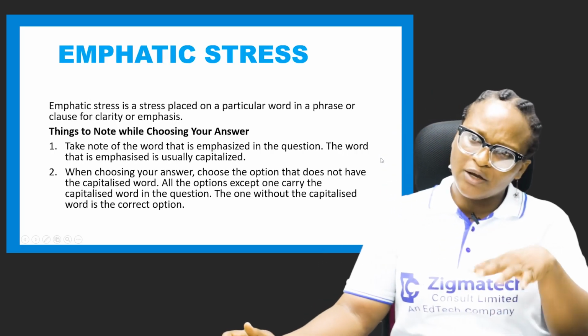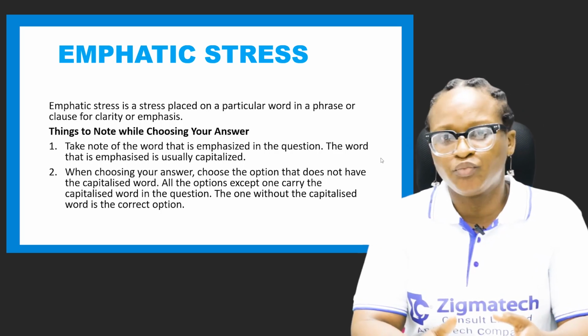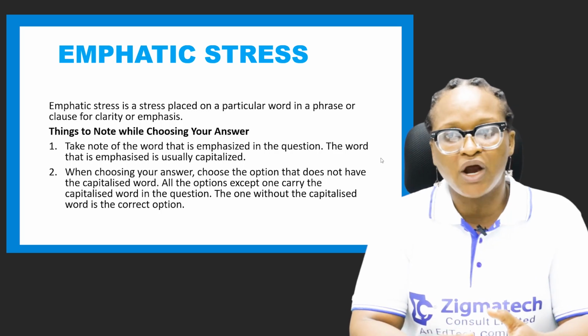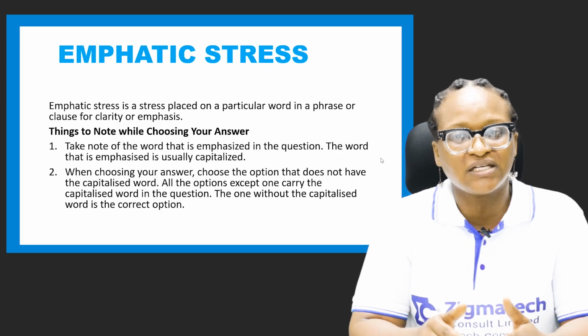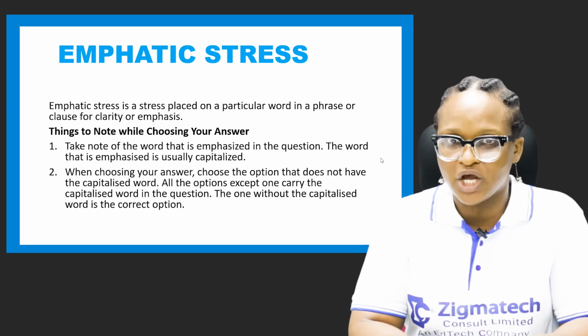Now let's look at emphatic stress. We have looked at word stress, and under word stress we looked at the primary stress and the secondary stress. We placed emphasis on the primary stress, reason being that the angle questions are asked for exam purposes, WAEC, NECO, and JAMB.